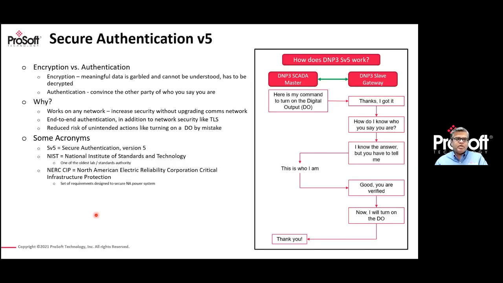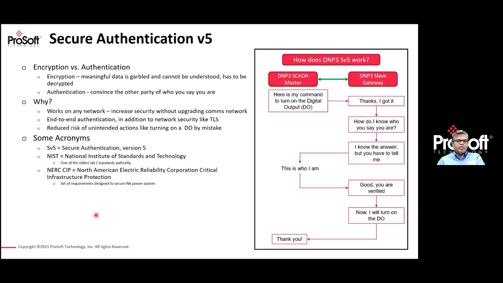Here's some information on some of the acronyms that you will hear in security. Security is big. Remember that security threats are always persistent, so security has to be something that's continuous for utilities. You've got different kinds of standards. If you're a power utility, you have to be NERC CIP compliant.